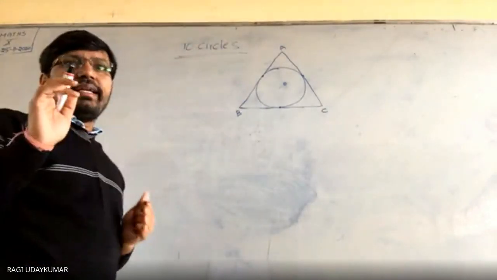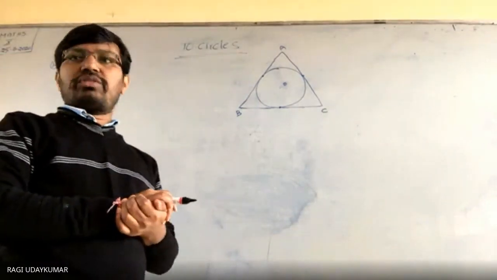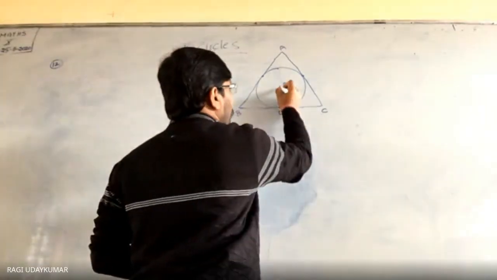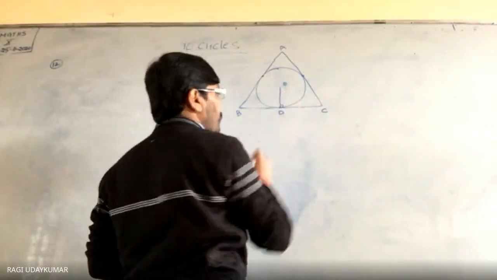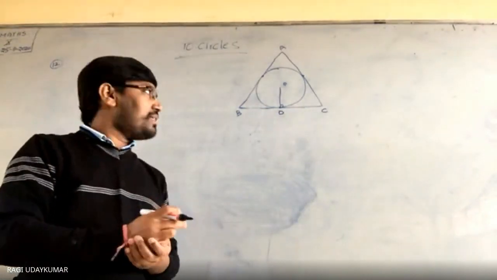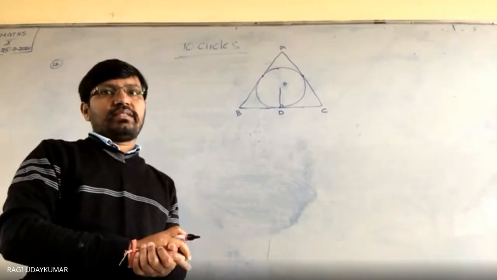Here it is given that the radius of the circle is 4 centimeters. So OD is perpendicular to BC, and its length is equal to 4 centimeters.